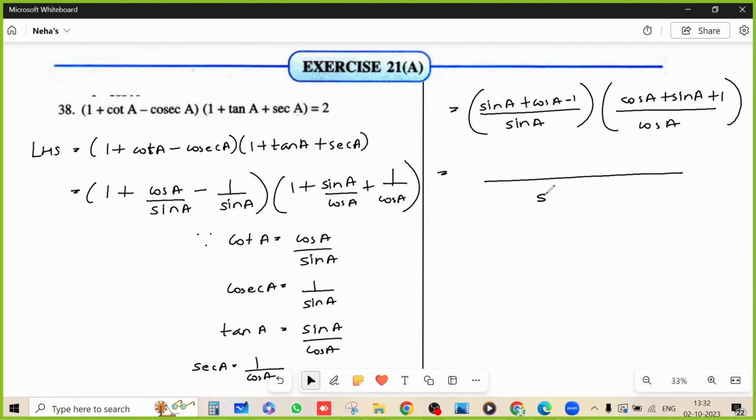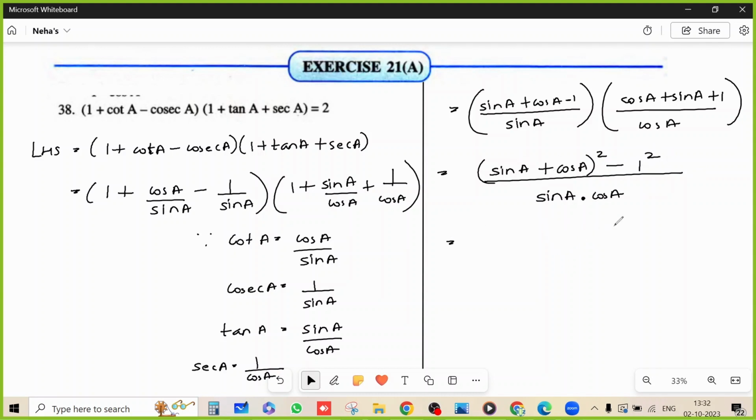Now we will multiply both these brackets. The denominator will become sine A into cos A, and the numerator here is of the form (a plus b) into (a minus b), where a is equal to sine A plus cos A and b is equal to 1. So this would become (sine A plus cos A) whole square minus 1 square.